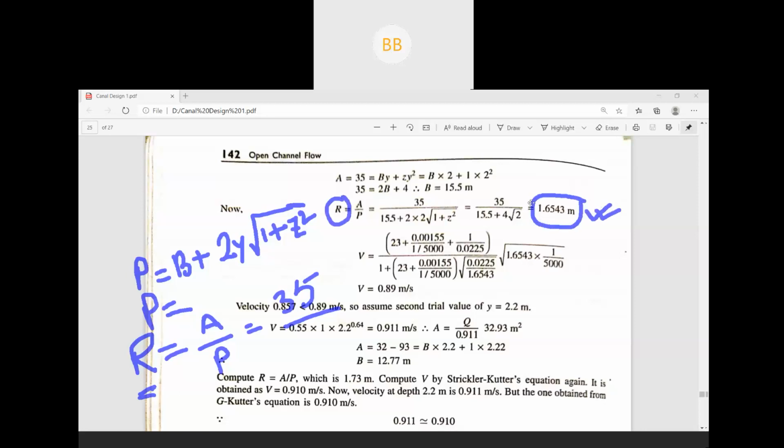So first you find out the wetted perimeter. They have skipped one step.